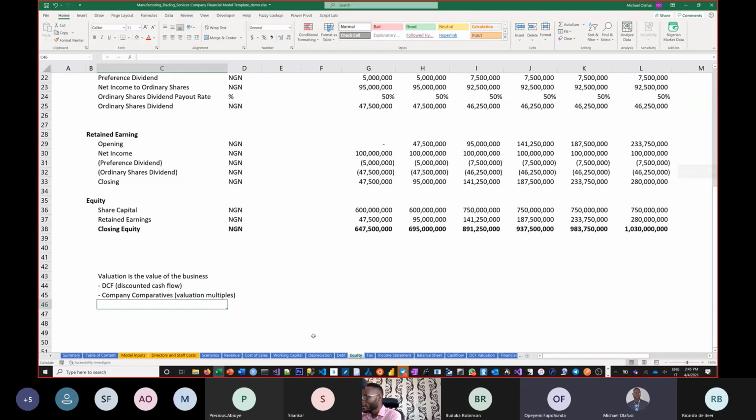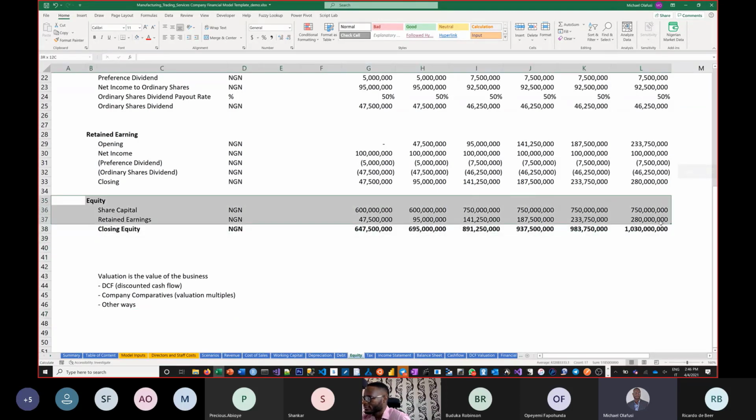All right, so there are many common ways, right? Let me just say other ways. So there are many ways that valuation can be determined, right? But like I told you, usually it has nothing to do with your equity.